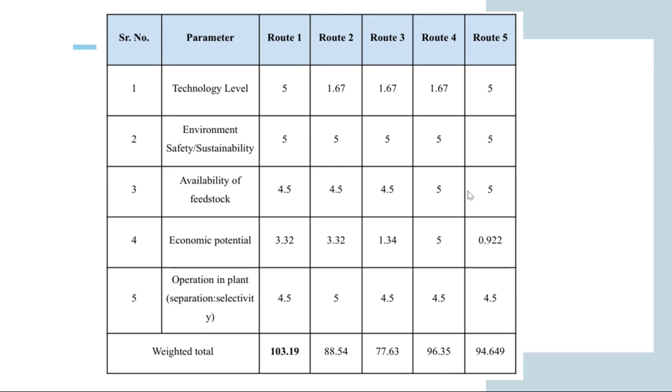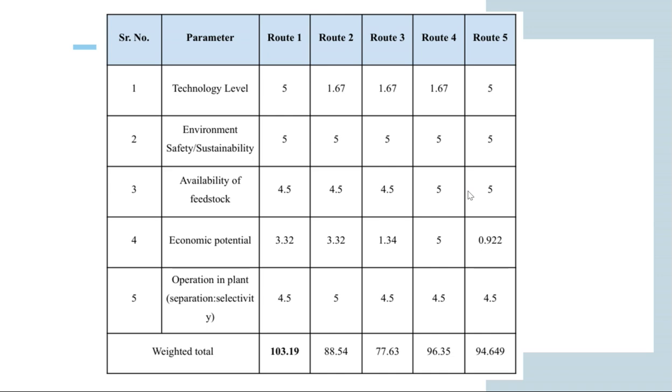For the parameter technological level, route 1 is 5 out of 5. Route 5, route 2, route 3, and route 4 are at the same level of 1.67. How this 1.67 comes, you can easily understand. If you see, there are three levels, and these routes are between level 1 to 3, so I have given them 1.67.